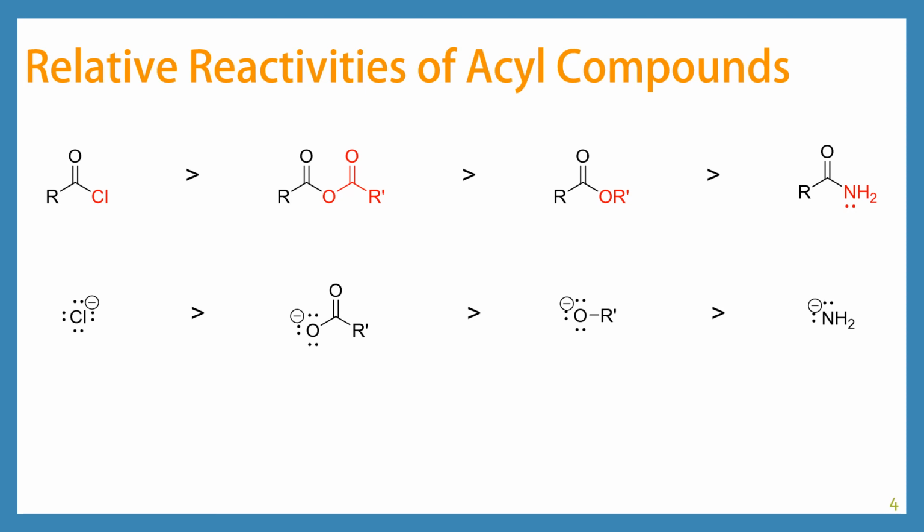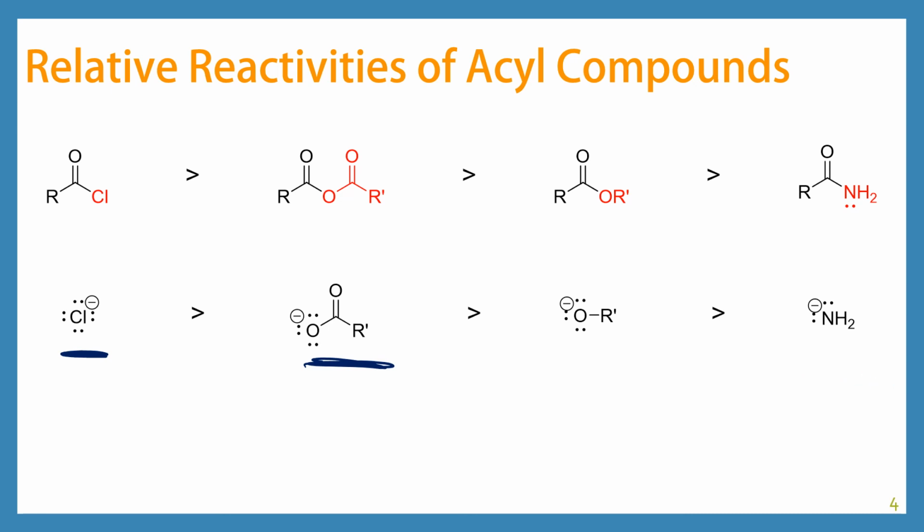If we take a look at all the leaving groups that would be formed in an acyl substitution reaction with each of these, for the acyl chloride, we would be kicking out an equivalent of chloride. For the acid anhydride, we would be kicking out a carboxylate. For the ester, we would be kicking out an alkoxide. And for the amide, we would be kicking out an amide. In this case, this one is a very specific amide called azanide.